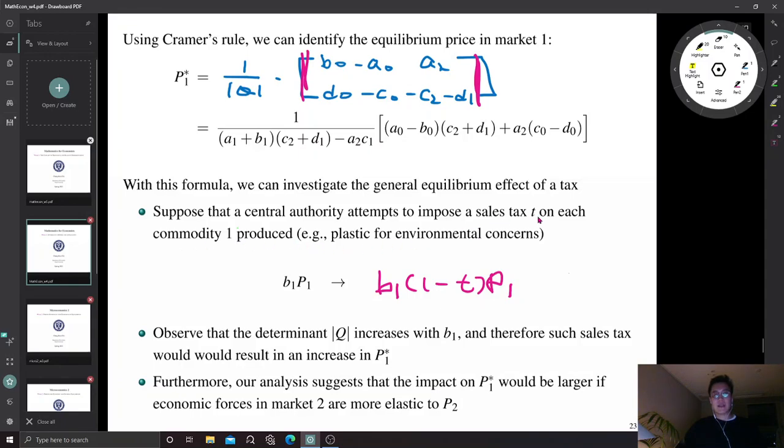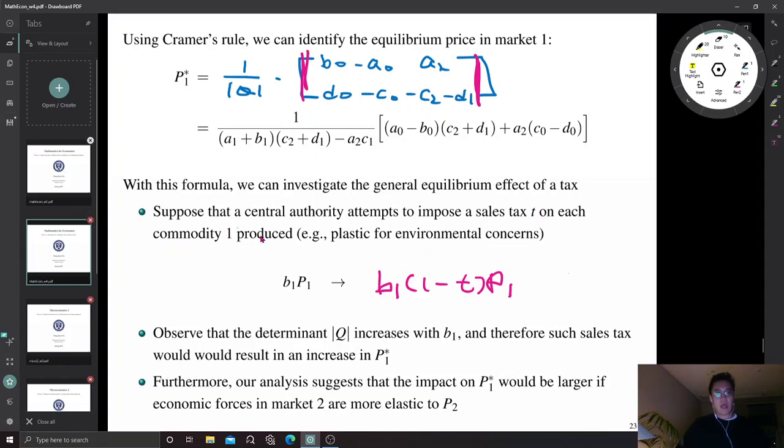So this tax T is not imposed on consumers, but imposed on producers. And one specific example is that commodity one is plastic. So the government wants to protect the environment by imposing this tax T on plastic.